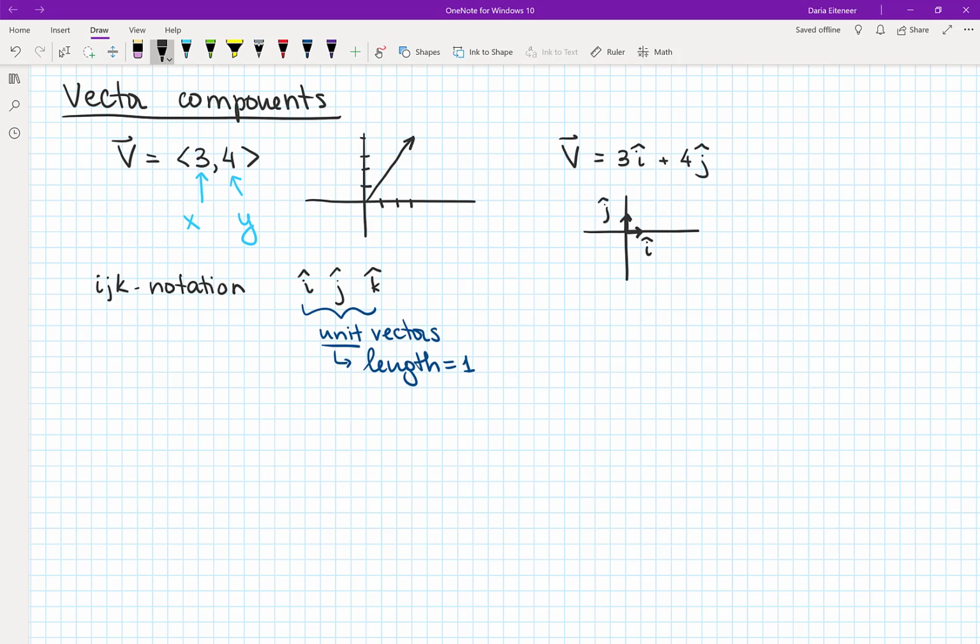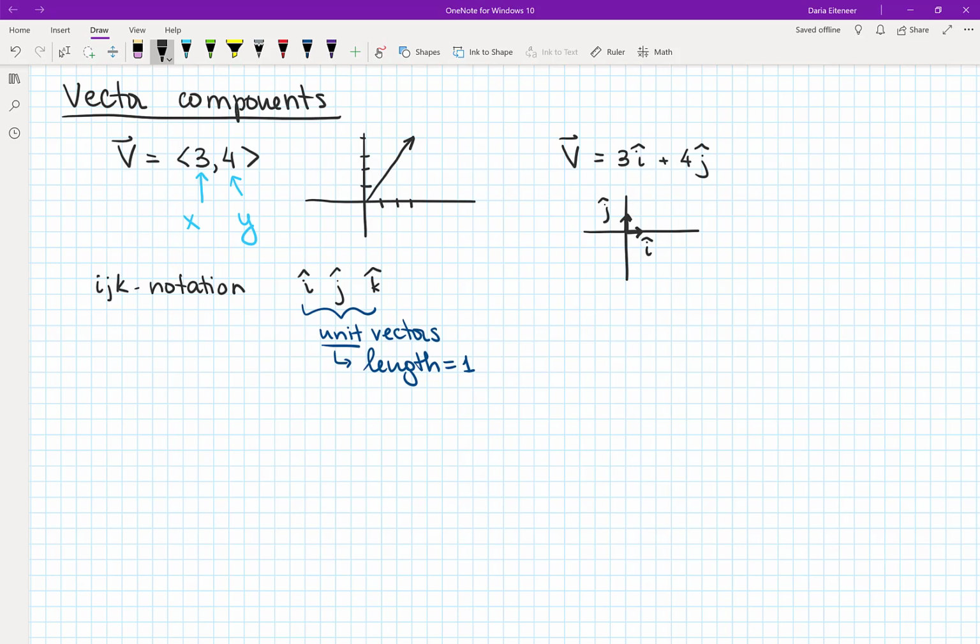Okay, k would have to deal with z. Let's not worry about that just yet. So for now, we're just talking about 2D stuff, right? Vectors in 2 dimensions. So we'll deal with k later. Okay, so again, it kind of looks goofy, but this is all there is to it.